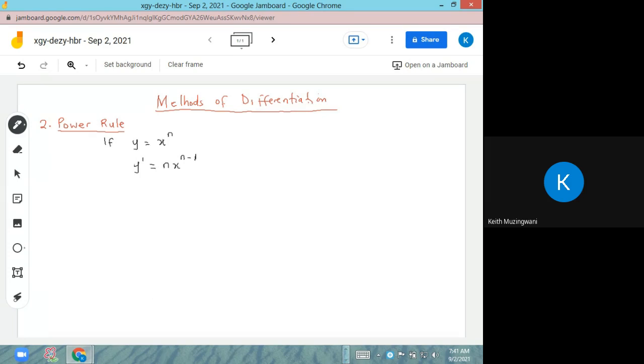This is called power rule. Even if we had something like a x to the power n, the derivative is going to be a multiplied by n x to the power n minus 1. That's power rule.